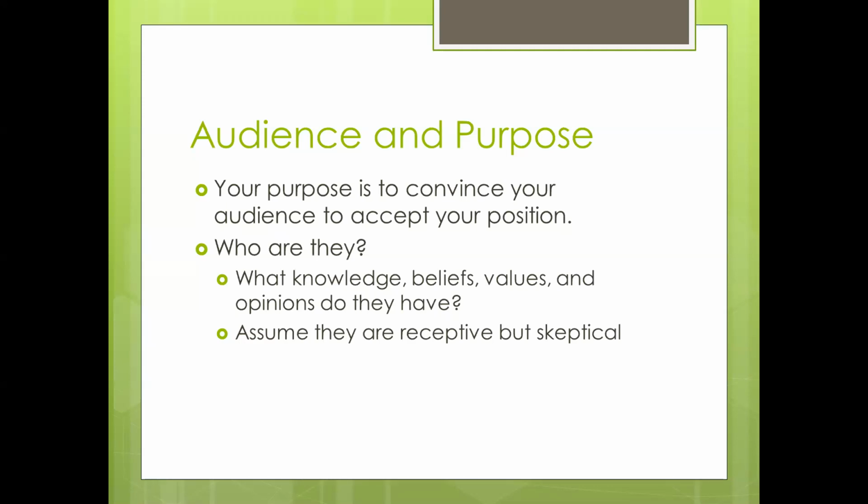Ask yourself what they already know about the topic and what they bring to the reading experience. What is their belief? What is their background? What opinions do you think they already have? Sometimes you might know what the majority of their opinions will be. You should always assume, though, that even if they're skeptical of your position or adopting your position, they're still receptive if your argument is good.